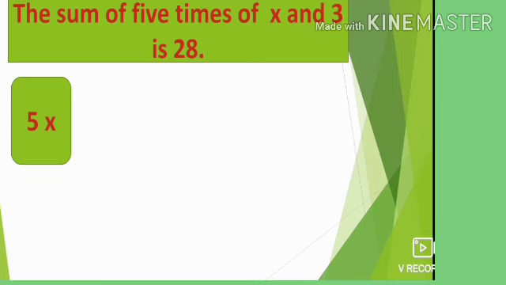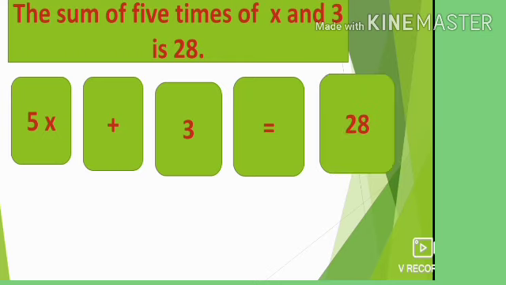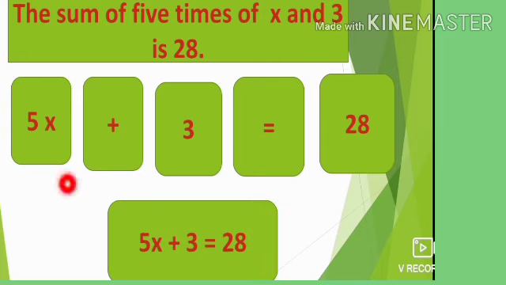The word "sum" represents the addition symbol between 5x and 3 in the equation, and "is" represents the equal to sign, and the RHS is nothing but 28. Therefore, 5x plus 3 is equal to 28, which is the required algebraic equation.